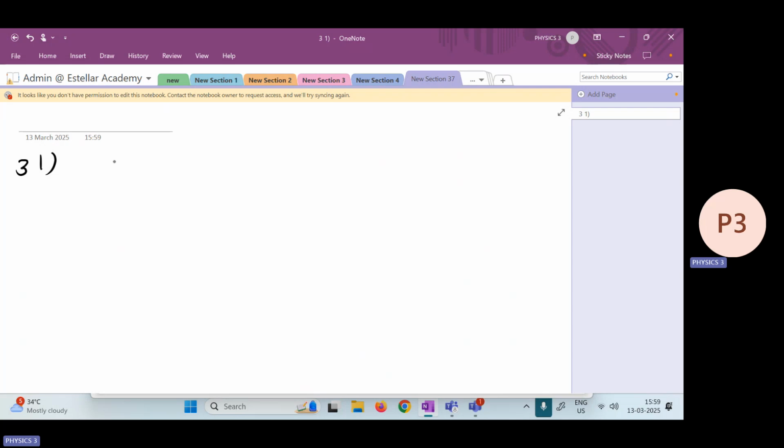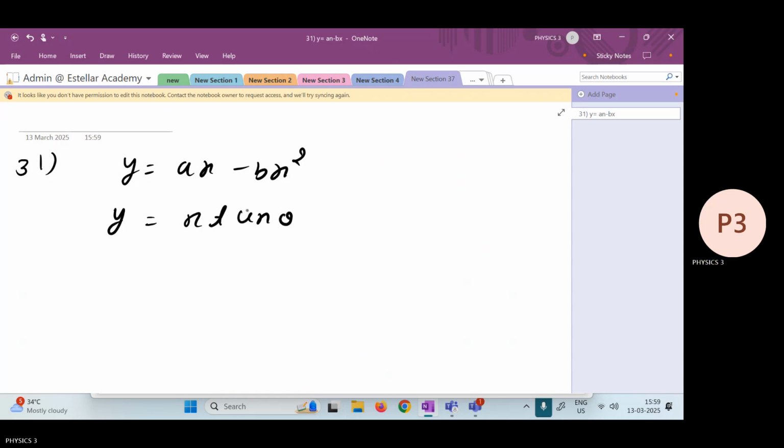In the 31st question, we are given the equation of motion of a projectile in the xy plane as y is equal to x minus bx square, and we have to find the angle of projection. So again, we will write the equation of trajectory as y equals x tan theta times 1 minus x over R. So again, we will rearrange this equation.